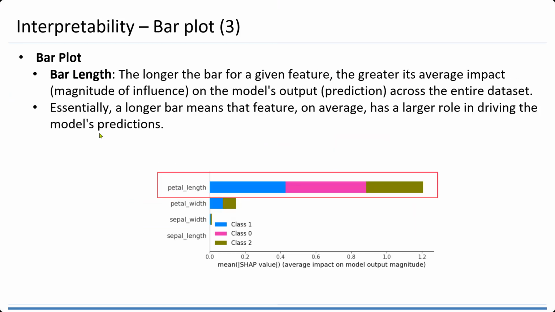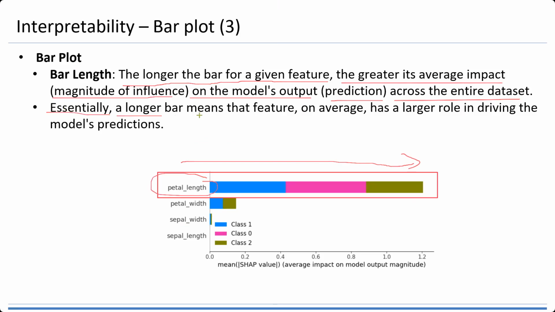The bar length: the longer the bar for a given feature, the greater its average impact, or the magnitude of influence on the model's output or prediction across the entire dataset. So because it is long, this feature is highly impacting the model.